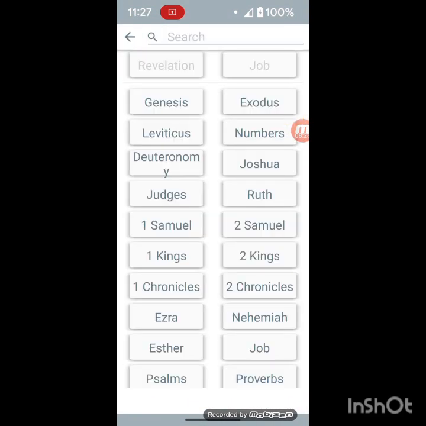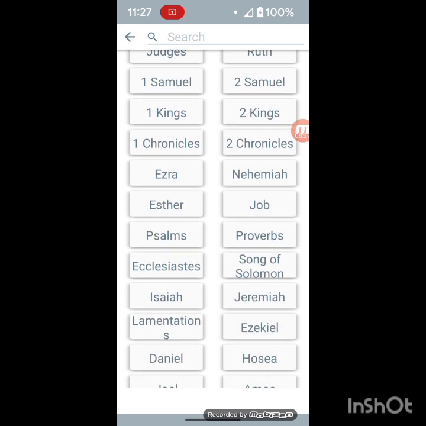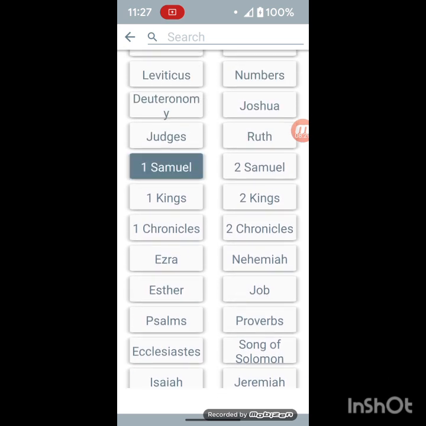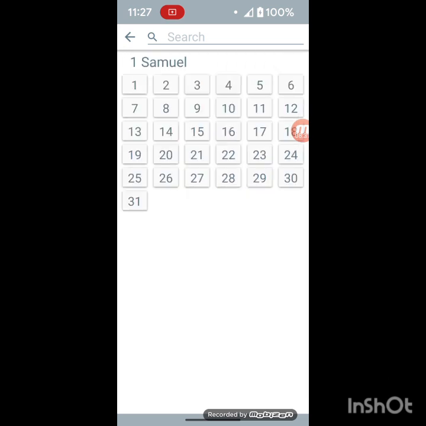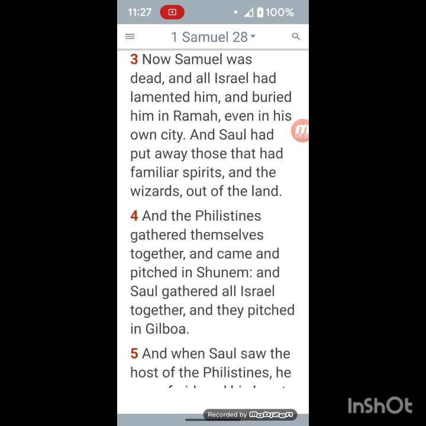This is 1 Samuel chapter 28, verses 3 through 10. It says, now Samuel was dead, and all Israel had lamented him and buried him in Ramah, even in his own city. And Saul had put away those that had familiar spirits and the wizards out of the land. So Saul had kicked them all out.